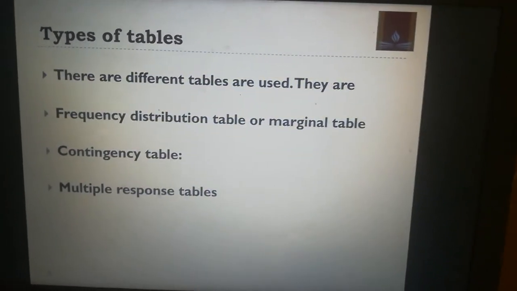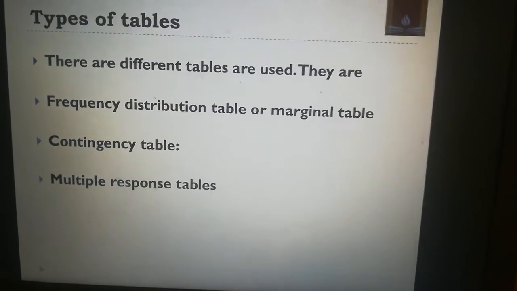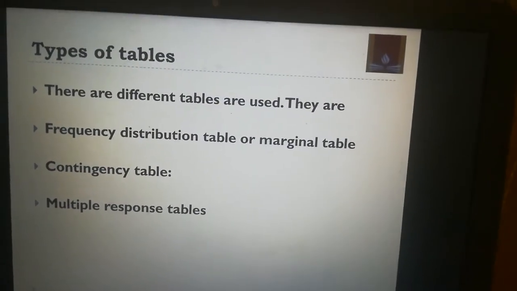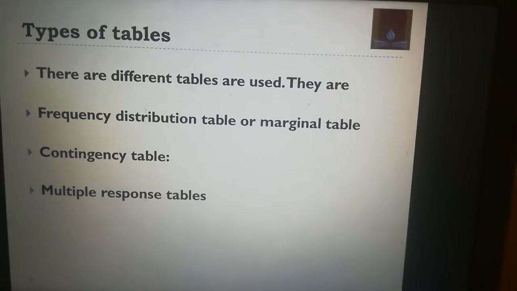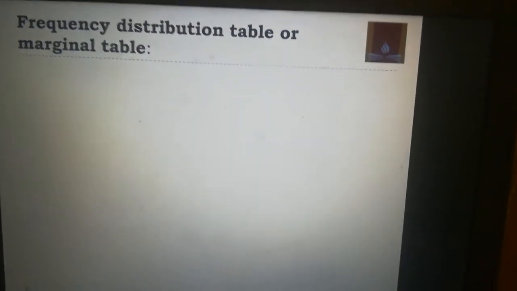The commonly used types of tables are the frequency distribution table or marginal table, and the contingency table or the multiple response table. What do you mean by a frequency distribution table or marginal table?